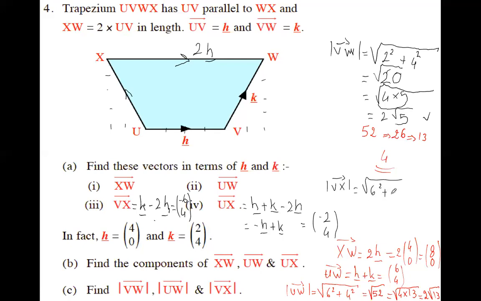It's negative 6 squared, but negative 6 squared just gives you 6 squared, the same, because negative 6 times negative 6 gives you a positive. 36 plus 16, 52. Which is just root 52.